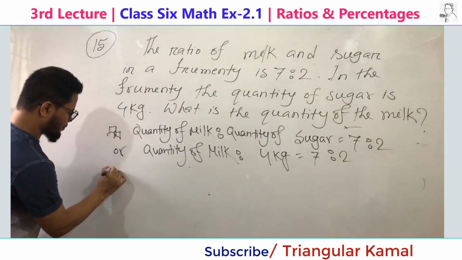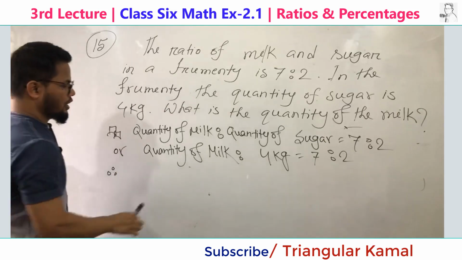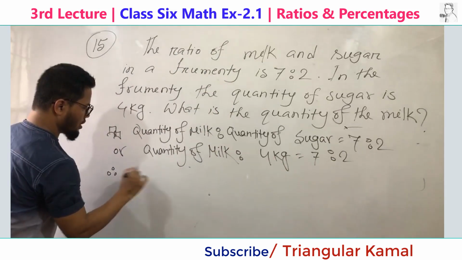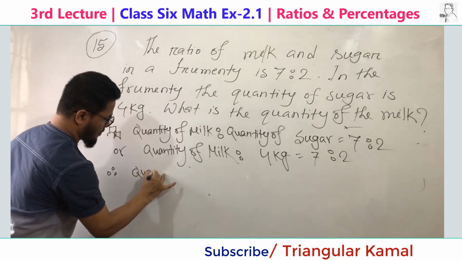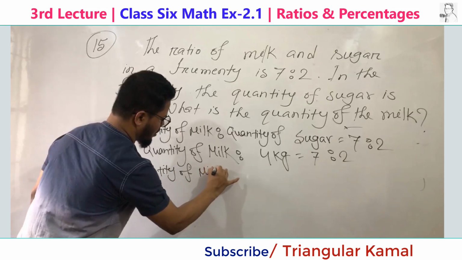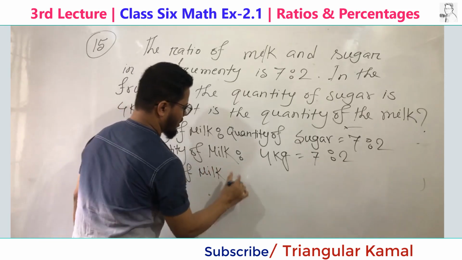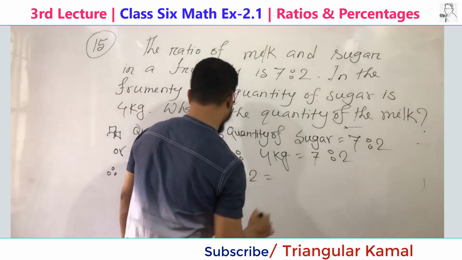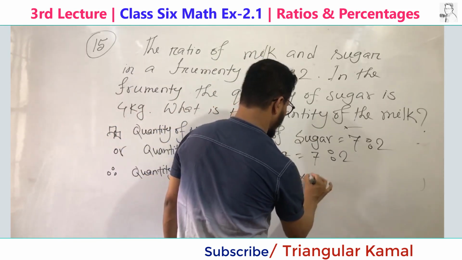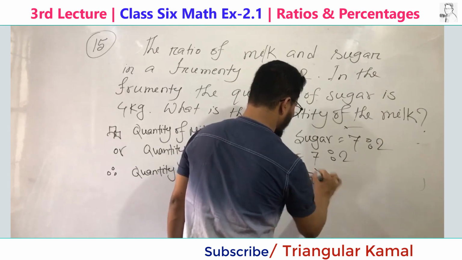Here, using the formula, the first quantity is unknown, so first multiply with the fourth quantity. Quantity of milk multiplied by 2 equals 4 multiplied by 7. You can use kg here.